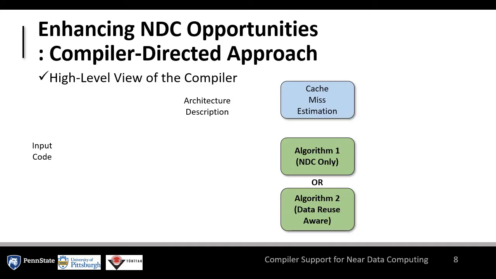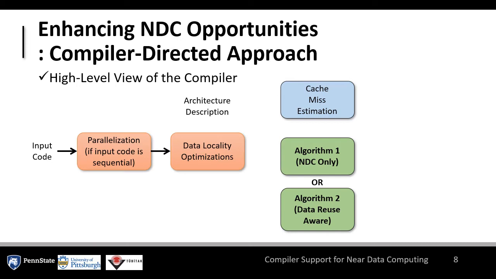Now we implemented 2 compiler algorithms and tested them. And here in this slide, I give an overview of where they fit in the entire compilation process. So we take the input code and parallelize it if it's not already parallel to begin with, and then apply some conventional locality optimizations in the second stage.